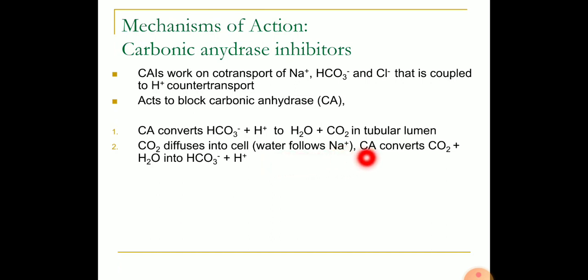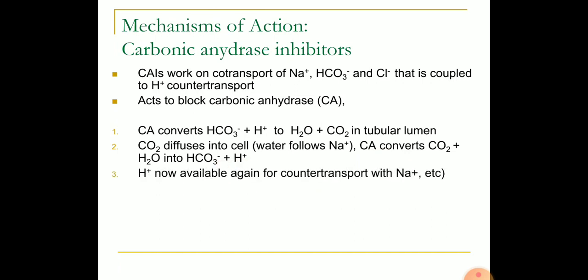Inside the cell, carbonic anhydrase converts carbon dioxide and water into H+ and HCO3- ions. Now, H+ is available again for the counter transport mechanism with sodium, and sodium and bicarbonate are transported into the peritubular capillary.